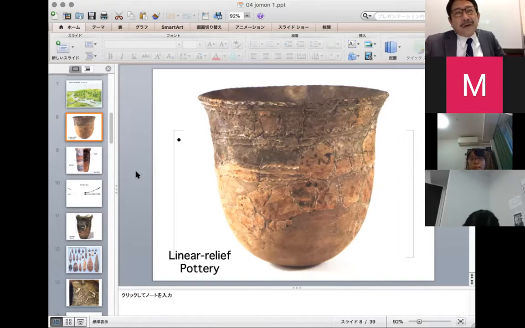Like acorns, I've been mentioning acorns, but many acorns include this tannin and other harshness. You can't eat it. It will taste bad and will harm your health. But they eventually invented how to remove that harshness by using pottery, because pottery basically is a cooking pot. Most of this vertical type of shape of pottery are cooking pots.